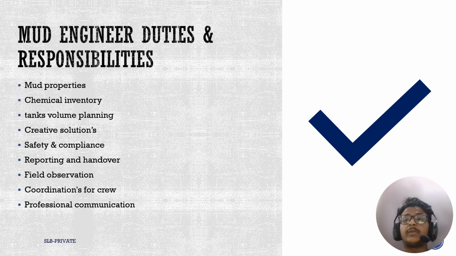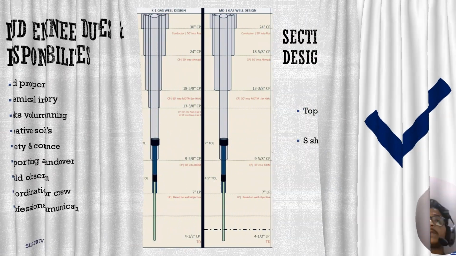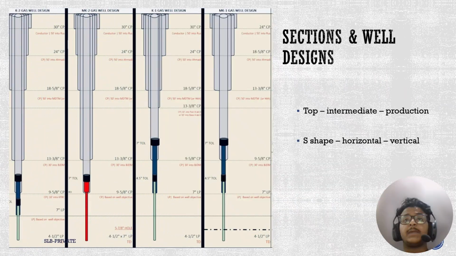Now we're going to talk about the sections and well designs. As you can see here, we have four main well designs: K2, MK2, K1, and MK1. There are three different sections: top, intermediate, and production.